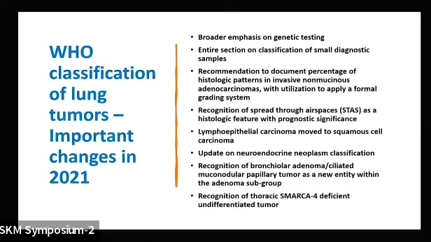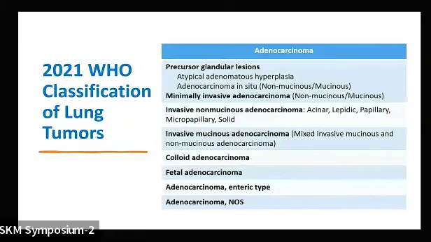Again, there is a much broader emphasis on genetic testing. There is recognition of some newer entities such as SMARCA4-deficient undifferentiated tumor, and updates on neuroendocrine neoplasm classifications, etc. So again, I leave this to your convenience to review this text and to have at least an acquaintance with what's available out there in the literature.